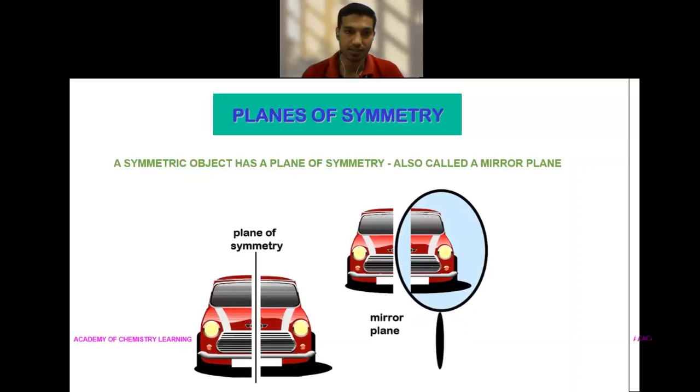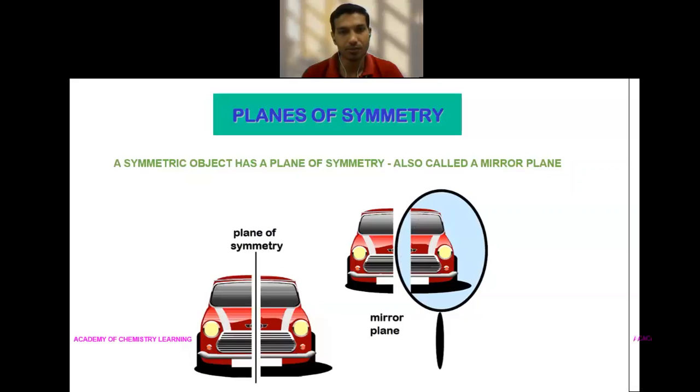And now see this car. In this figure, this car has plane of symmetry, and as it has plane of symmetry, one part is mirror image of another part. So we can say that this car possesses mirror plane symmetry or plane of symmetry.